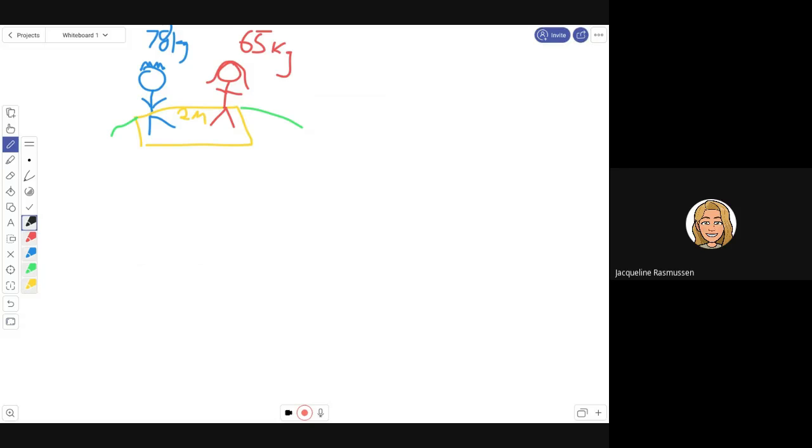To get the force of attraction, we're going to use the universal gravitation formula. That's going to be big G times mass 1 times mass 2 over r squared. So let's fill in what belongs to what variable.